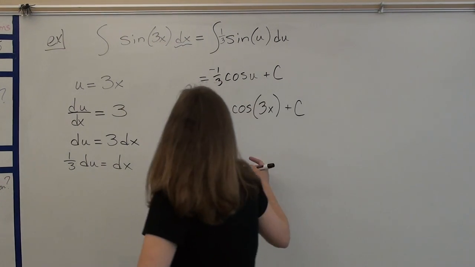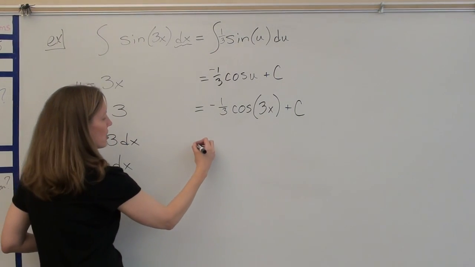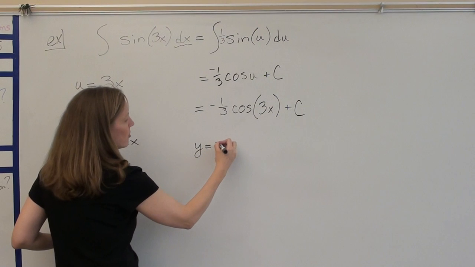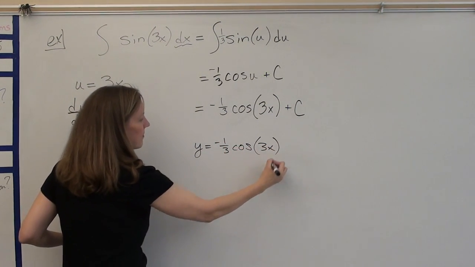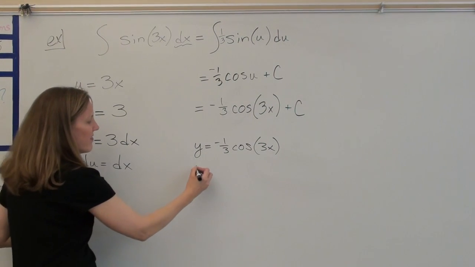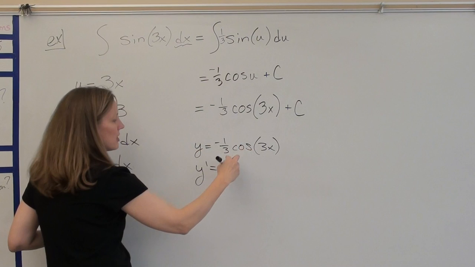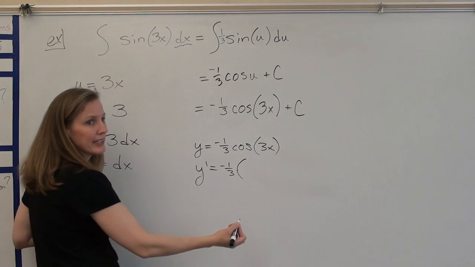All right. Now, just to check it, and you don't have to write this down, I'm just going to show you so you understand what's going on. Suppose I started with this, and I wanted to check to make sure this worked. If I found the derivative, I'd have negative 1/3 times, what's the derivative of cosine?